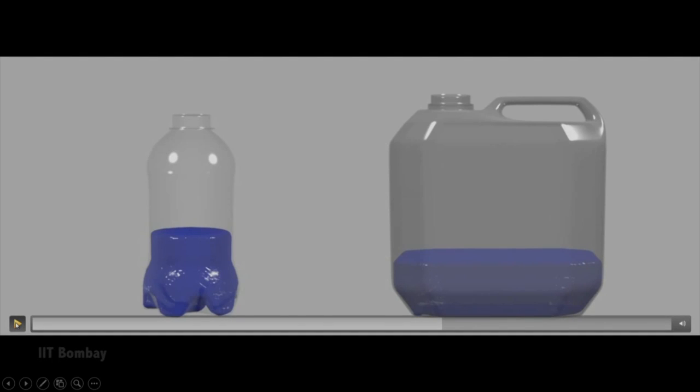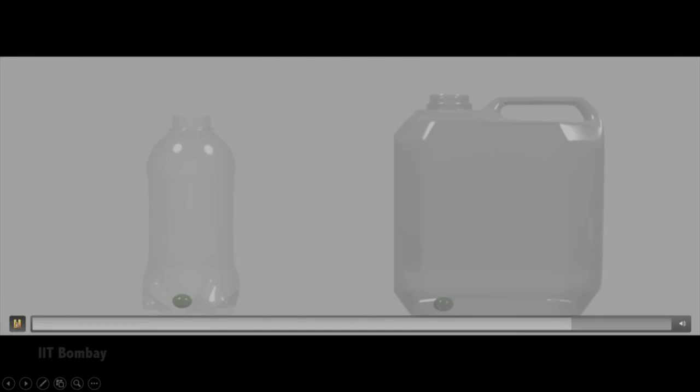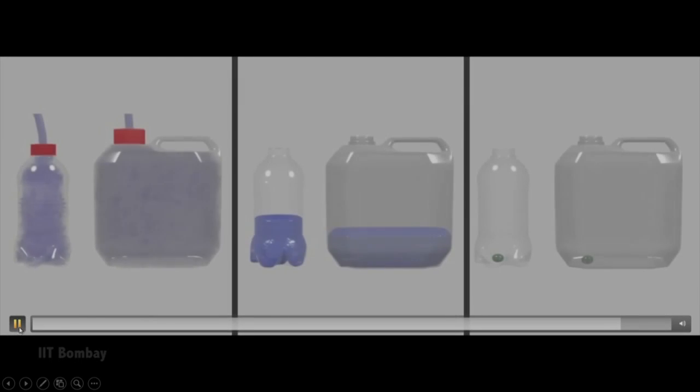Now, let us see the third experiment with solid. Herein you can see that the solid occupied its own volume, it could not take the shape of the different bottle shapes, while the gases could, and the liquid could.